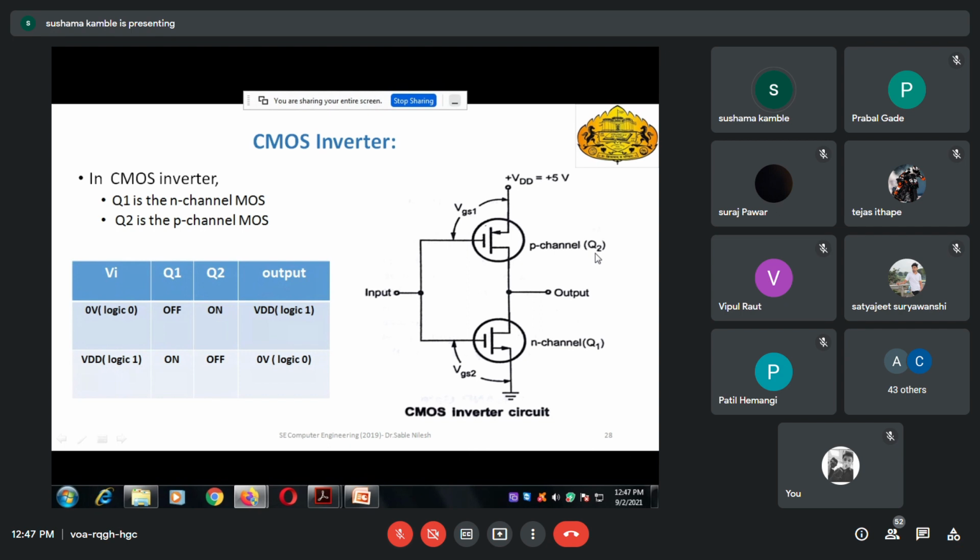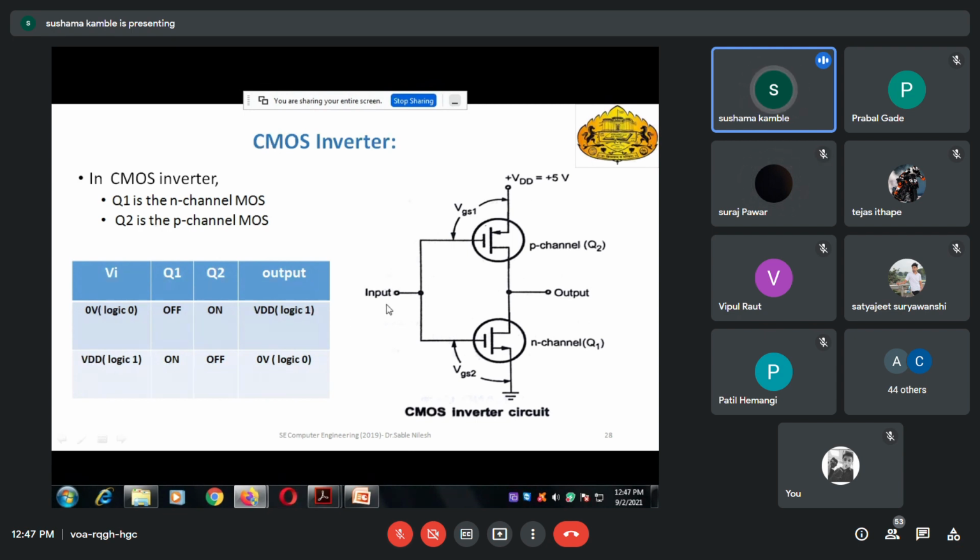P channel, specifically written there as Q2. So Q2 will be on, so the output will be 5 volt, high. That is the logic 1, because this VDD is connected to the plus 5 volt. The source is connected to the plus 5 volt.